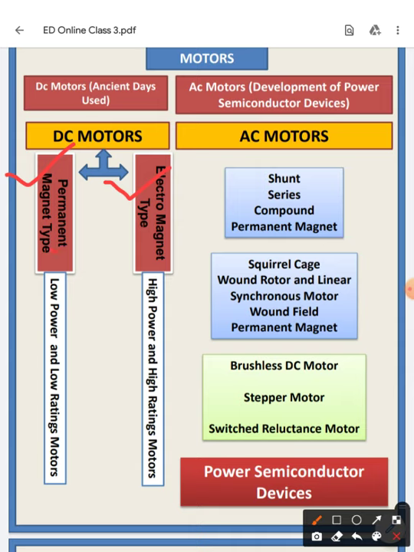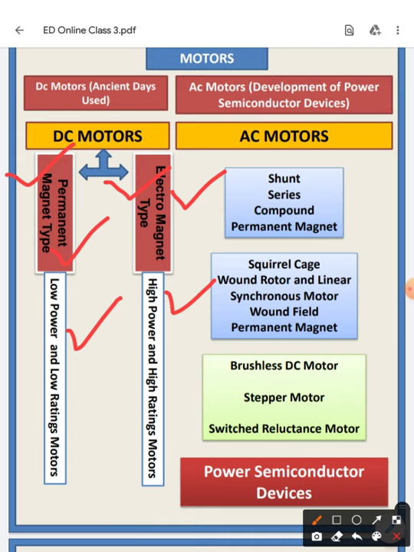Permanent magnet DC machines are generally used for low power and low rating motors. So for low power applications we will find permanent magnet DC motors, whereas for high power applications we have to go for electromagnet type DC motors.